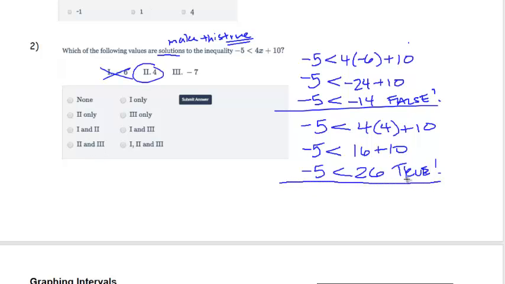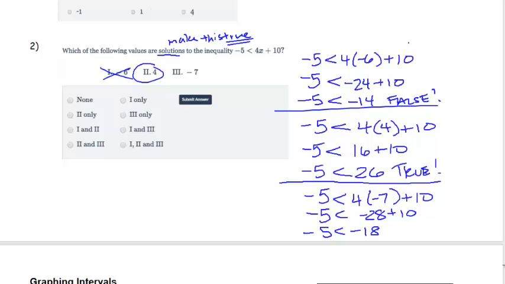But remember, this is infinite solutions, so it could have this also working. We're going to plug in that last number and see what we get. Okay, so this is a -28 plus 10, which is -18. Is -18 bigger than -5?